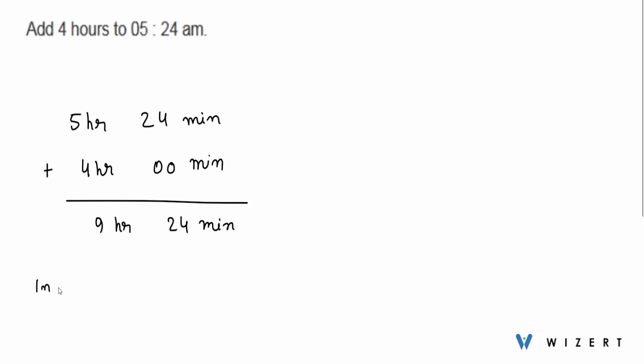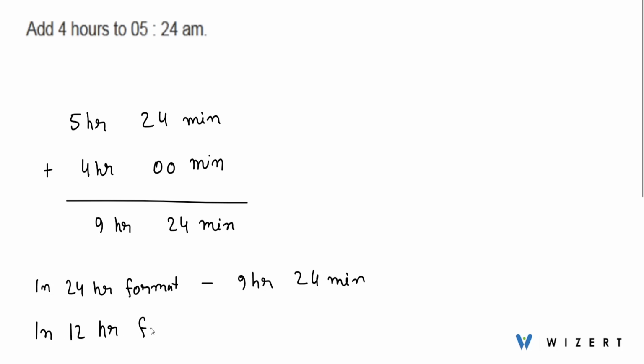So in 24-hour format, it is 9 hours 24 minutes, and if you want to write it in 12-hour format, since initially the time was in am and we are adding 4 hours to it, the unit will be am only, because we have not crossed the 12-hour mark.